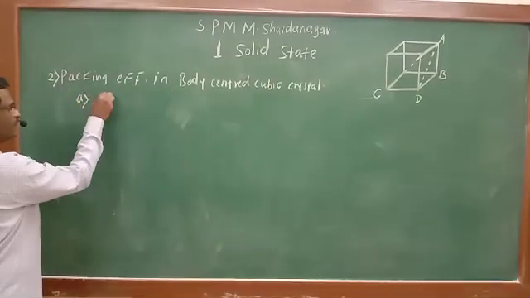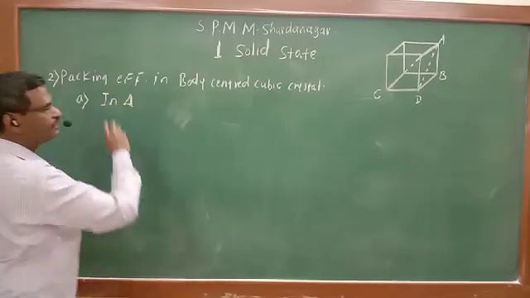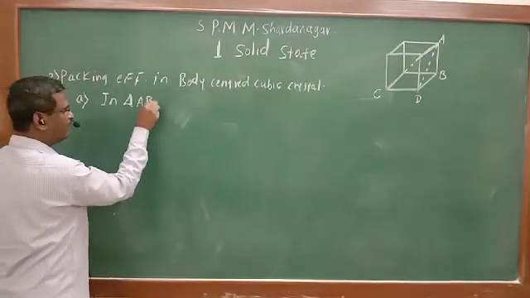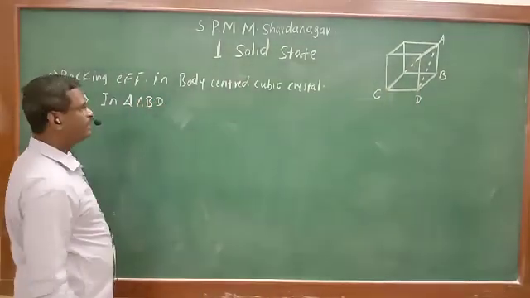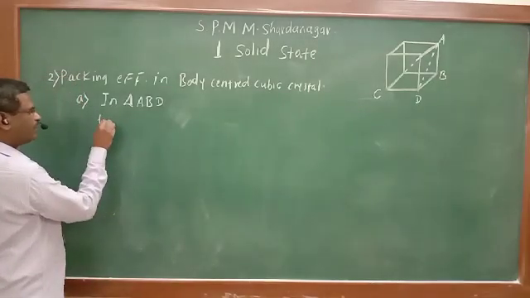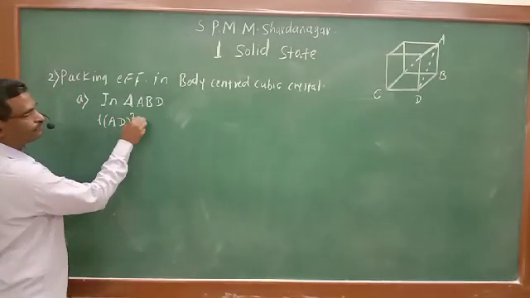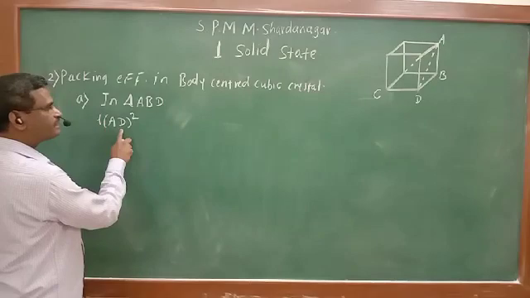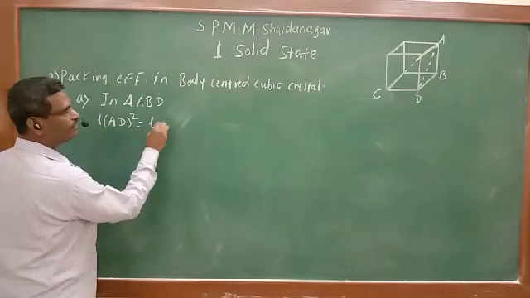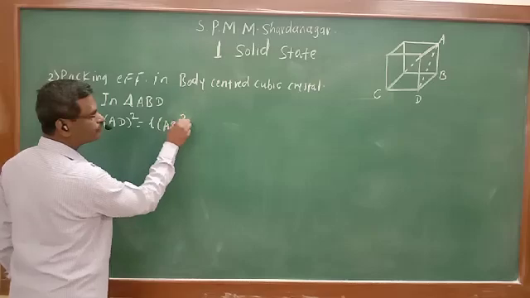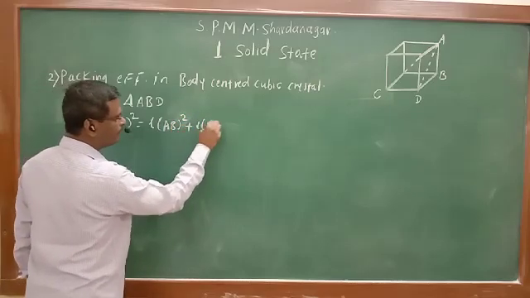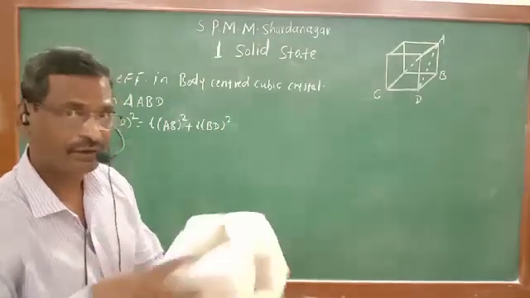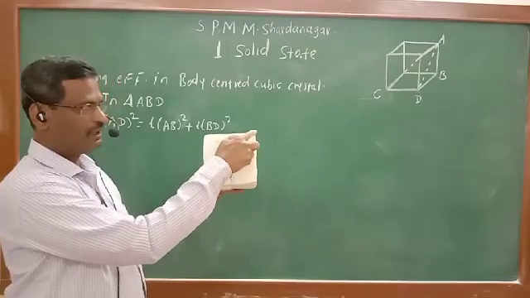First one, triangle ABD. I am studying the triangle ABD. In triangle ABD, as per Pythagoras theorem, length AD square will be equal to length AB square plus length BD square.